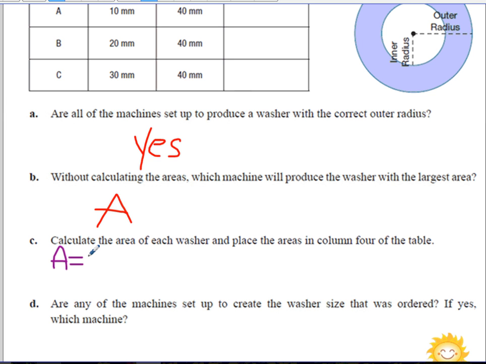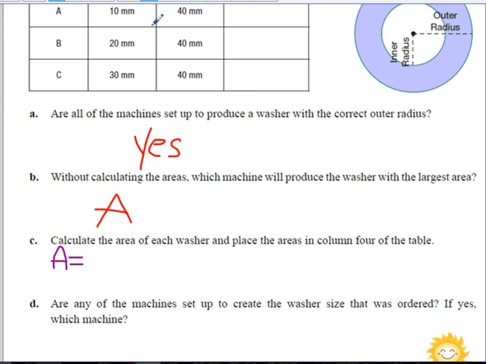I'm not going to write this all down. You could write it down on your paper if you want to, but 3.14 times 10 squared would give us 314 for the area of the entire circle. We have to subtract that from the larger one, so let me erase it.